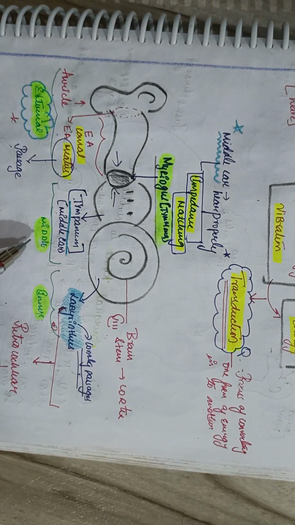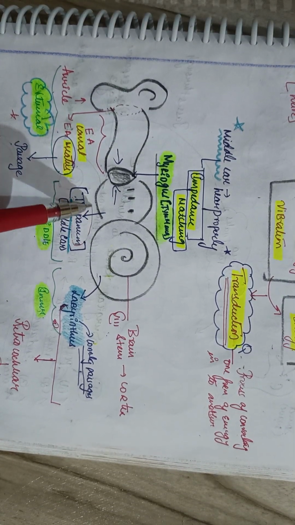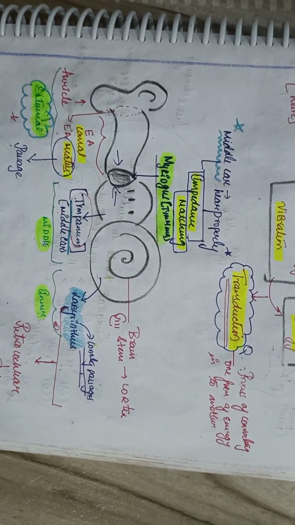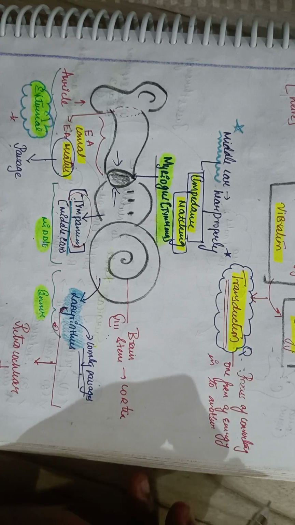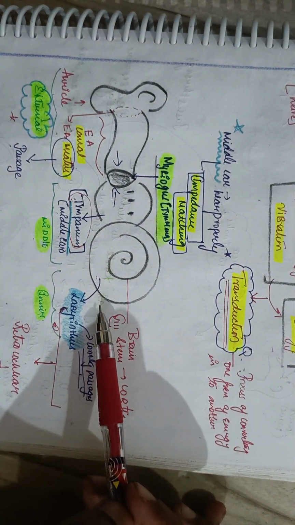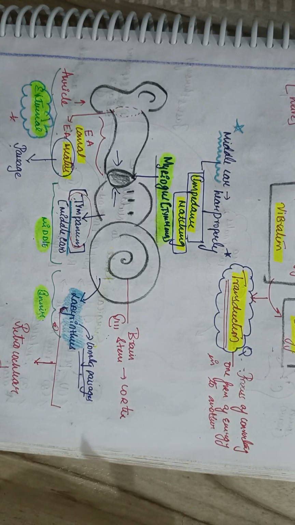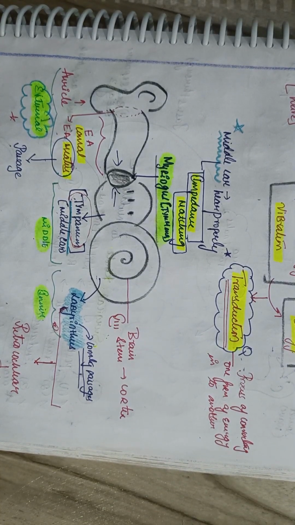What are the parts of the middle ear? The part of the middle ear is the tympanum. What is the part of the inner ear? The part of the inner ear is the labyrinthus.